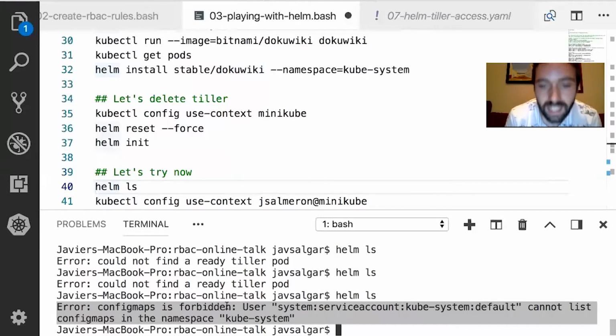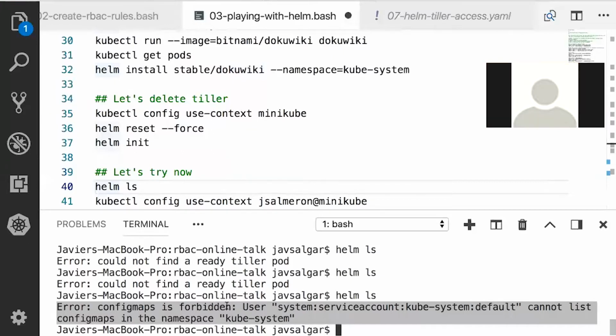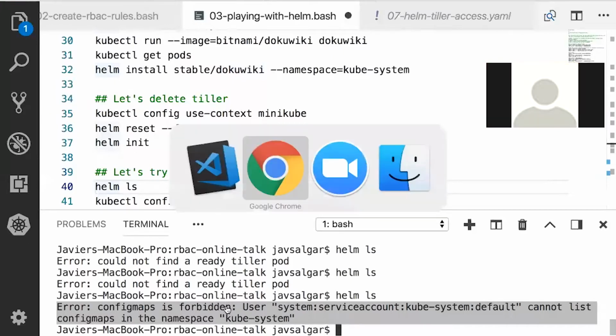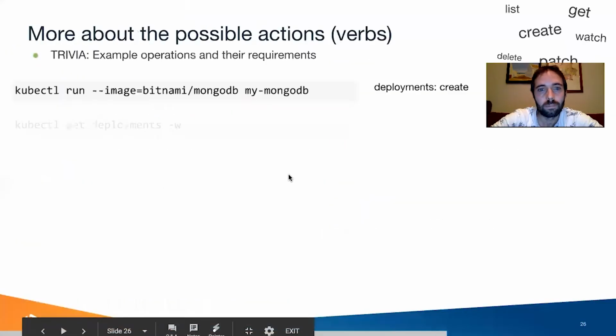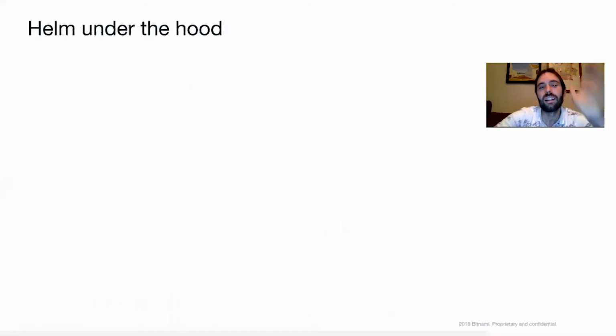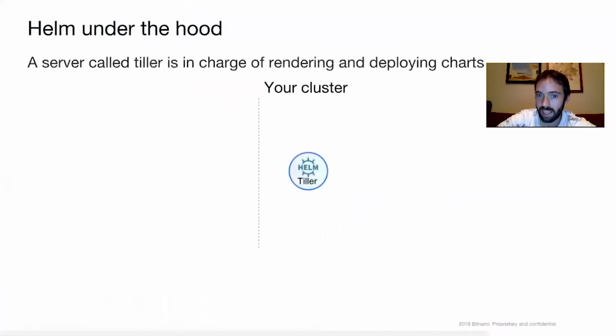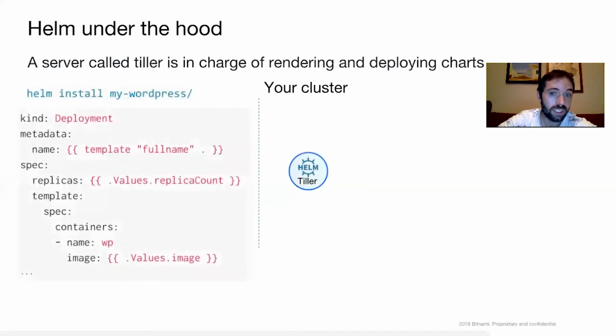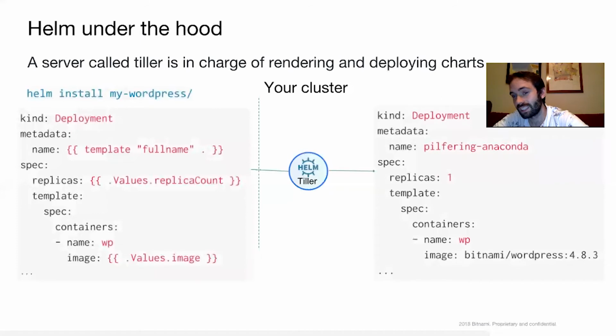Okay. So let me explain once again. Now, let me just go through. Let's go again. What's happening with Helm? Okay, so with Helm, we've got our charts, and what we do actually is to tell a pod called tiller to deploy it inside our cluster.